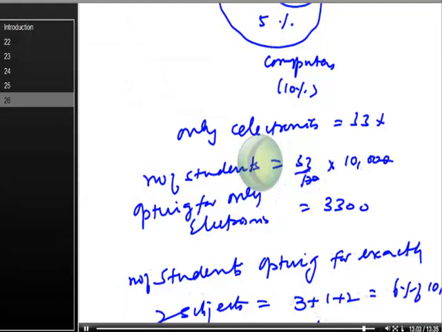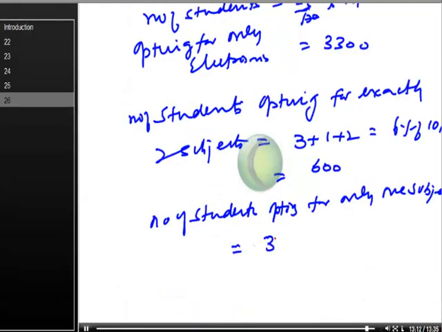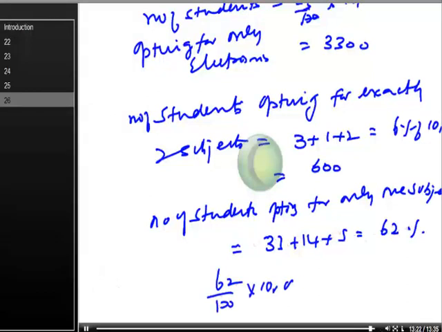Number of students opting for only 1 subject will be 33 plus 14 plus 5. That will be 62% of 10,000, which will be 6,200. So any number of questions can be asked by looking at the numbers in the diagram.